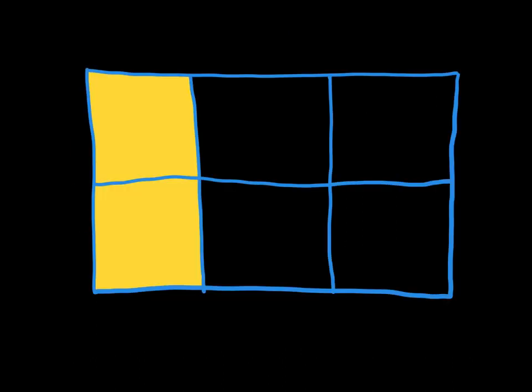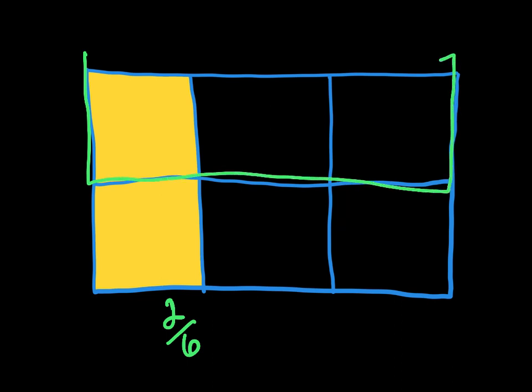All right, the next example, we have a fraction. This represents 2/6. And I want to show you that it's also equal to 1/3. So 2/6 is equivalent to 1/3. And how could we show that?